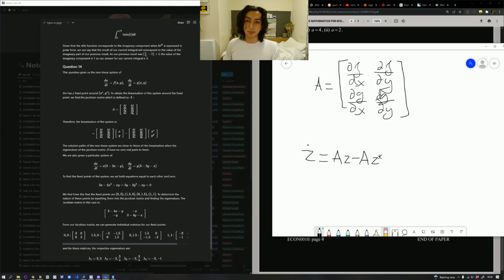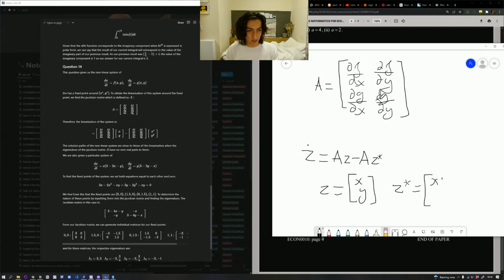So that is going to be the linearization of the system, where Z represents the vector x, y, and Z star represents the particular point you're putting into the system.